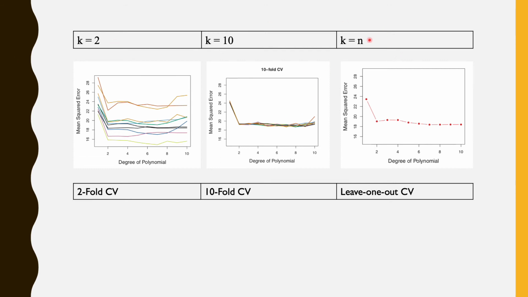And you may easily notice that leave one out cross-validation is a special case of k-fold cross-validation in which k is set equal to n. Okay, this is leave one out cross-validation.